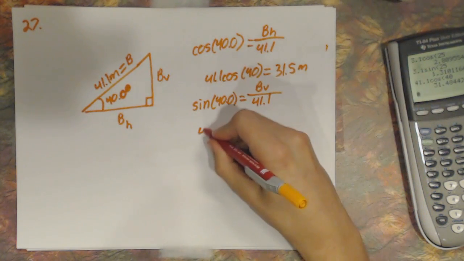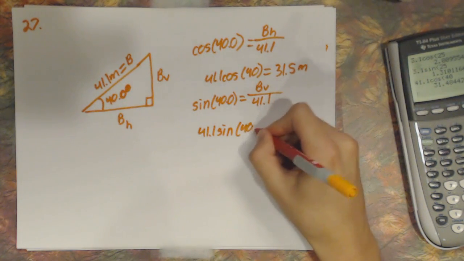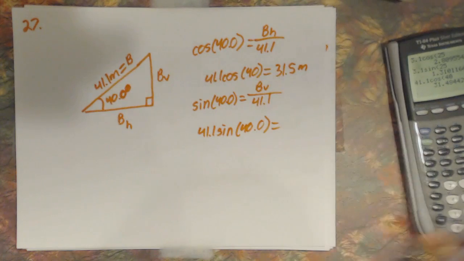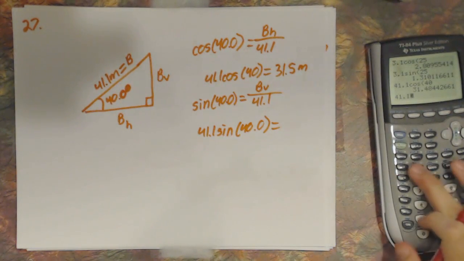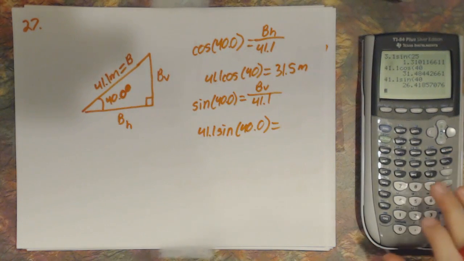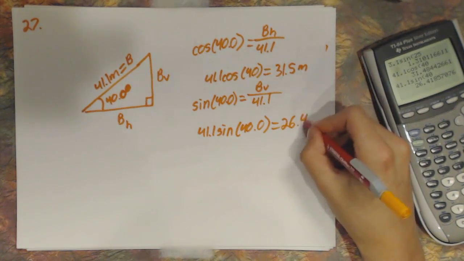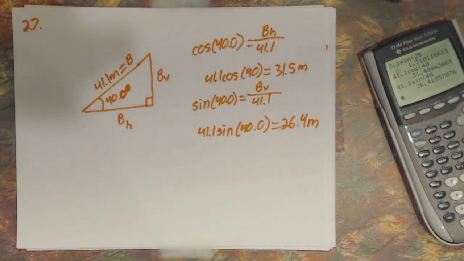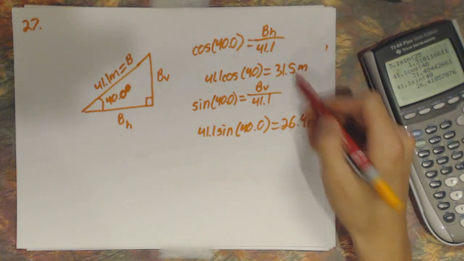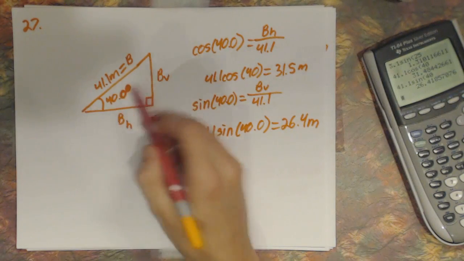Multiplied over, then plug it in, and you get 26.4 meters. And there you have it, that's the horizontal and the vertical component of this vector.